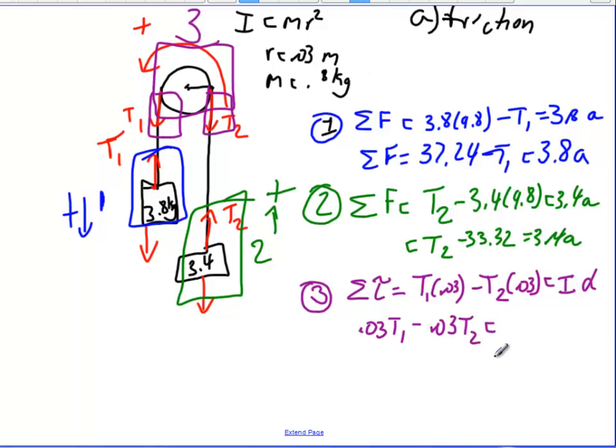I we know is mr squared, so m is 0.8, r is 0.03 squared alpha. Okay, now it looks like I just threw in another unknown because I had an A here, and now I have an alpha here. But there is a relationship between alpha and A. Alpha times the radius is equal to A. Okay?